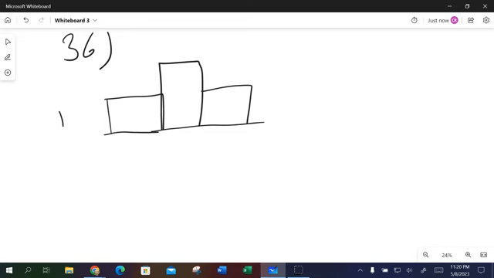Block 1 is pushed with a force of P. So this question is asking us what is the free body diagram for block 3.